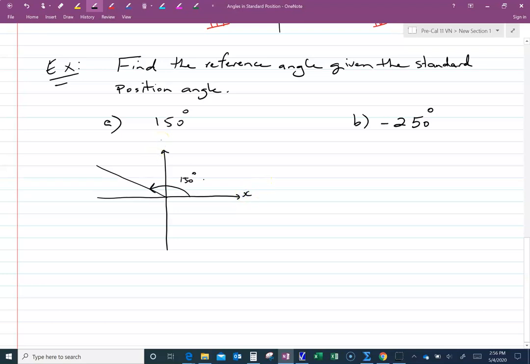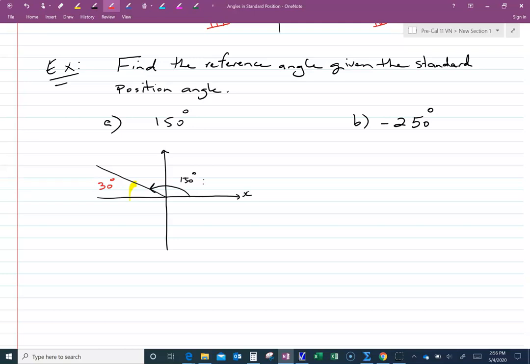So here it is. What is the reference angle to 150 degrees? Well, the reference angle is the angle between the terminal arm and the x-axis, right there. That angle is 30 degrees, because angles on a line have to add up to 180 degrees. We got 150, 30 is remaining. Simple as that.